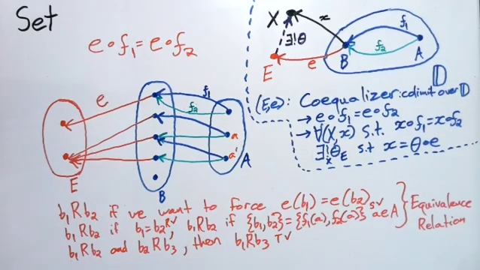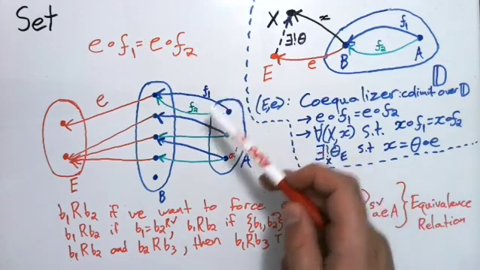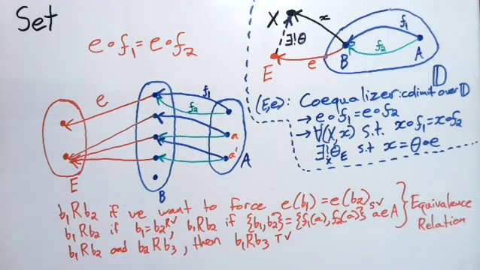on B. Now, one thing we might ask ourselves is, we're talking about arbitrary functions f1 and f2 here, so there's nothing to say that f1 and f2 are surjective, so there may be elements in B here that are not mapped to by either f1 or f2. They're not in the range of f1 or f2. So if that's the case, then what happens with this element? Well, it's no big deal, right?